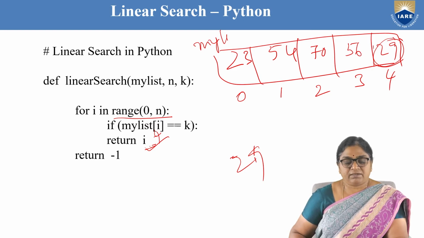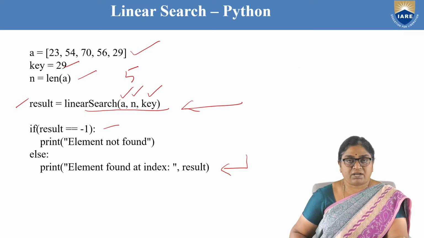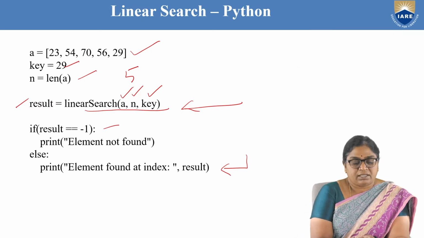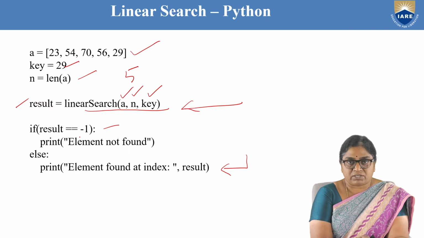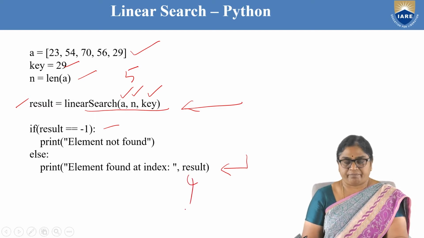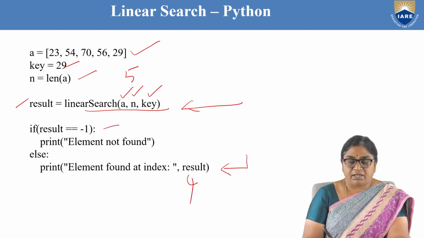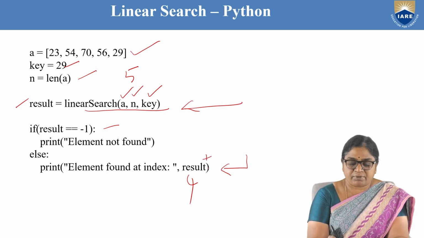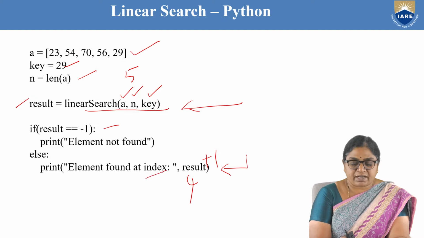So when it returns i, in the driver code the result is not equivalent to -1. The result is equivalent to 4. So we display that the element is found at index 4. If you want the absolute position, then you can write result plus 1. Then we have to write at location, not as index.